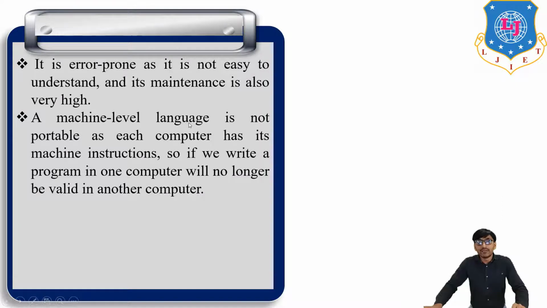A machine level language is not portable as each computer has its own machine instructions. So a program written for one computer will no longer be valid on another computer. So it is not portable.